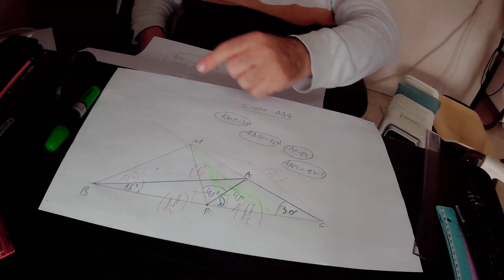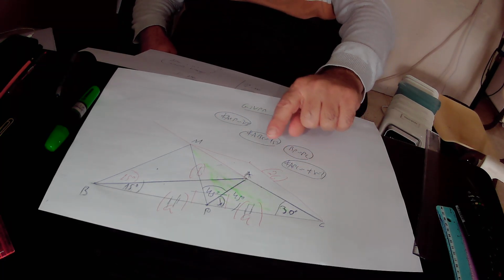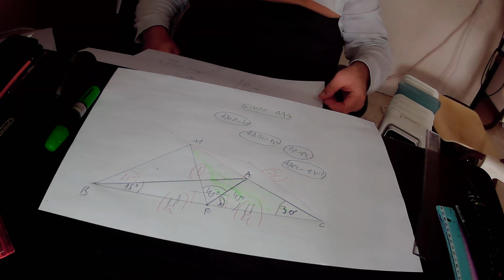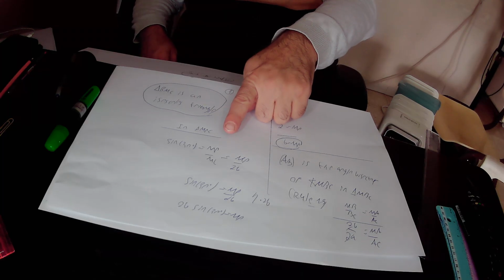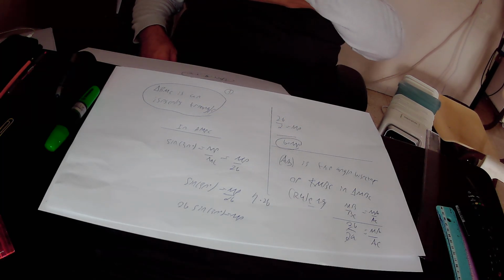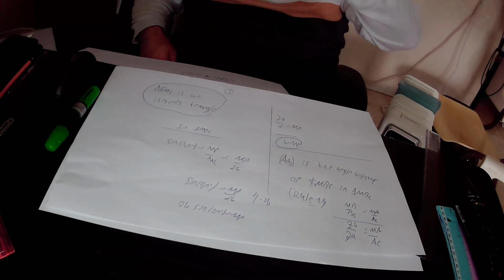MP is the missing side, and we have the hypotenuse MC. We define the length of the hypotenuse MC as 2b. So substitute the hypotenuse MC by 2b. So in total, we found that sin 30 degrees equals MP over 2b.